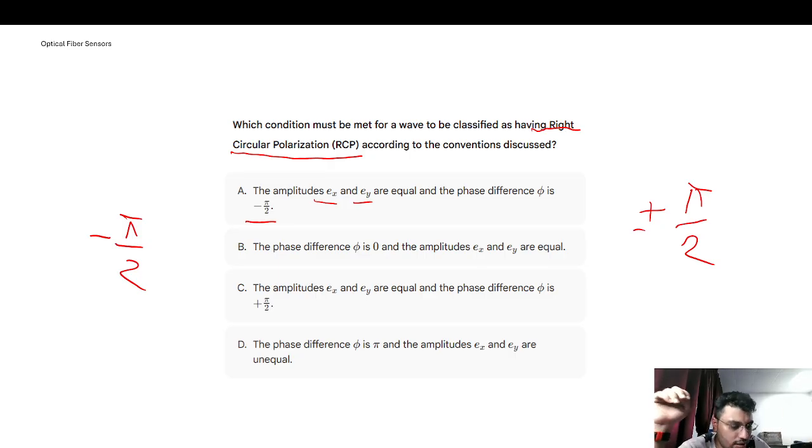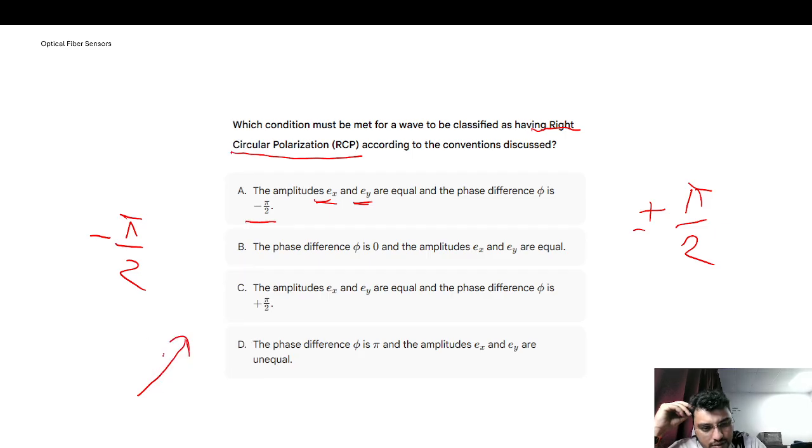And we know that this circular state requires equal orthogonal amplitudes. So that's why the amplitudes Ex and Ey are equal in circular polarized light. If it is linear, then it will not have equal Ex and Ey; it will vary.